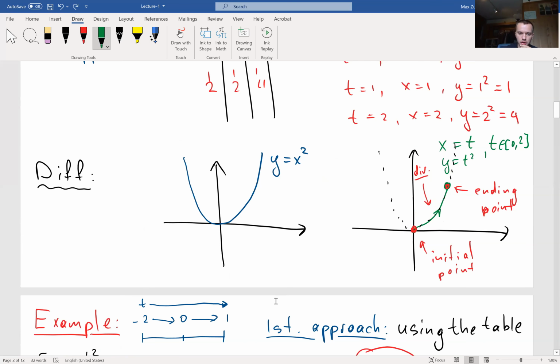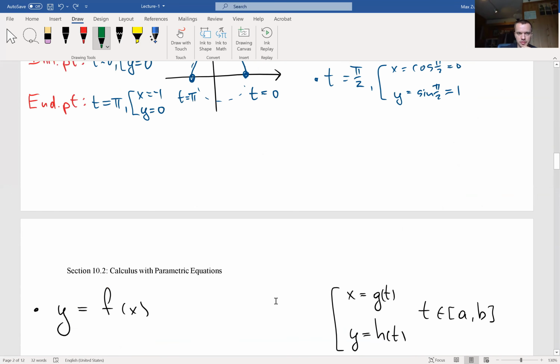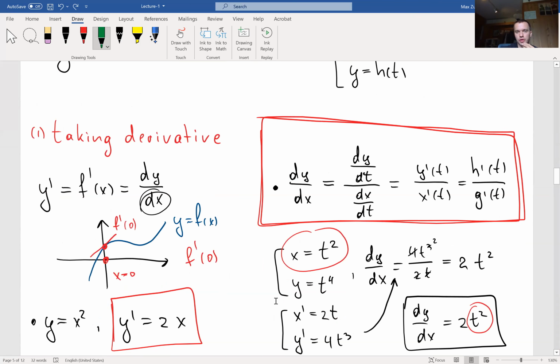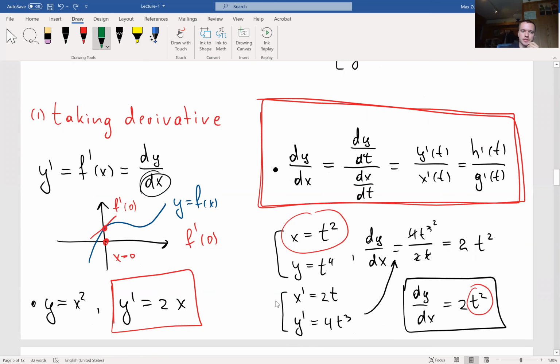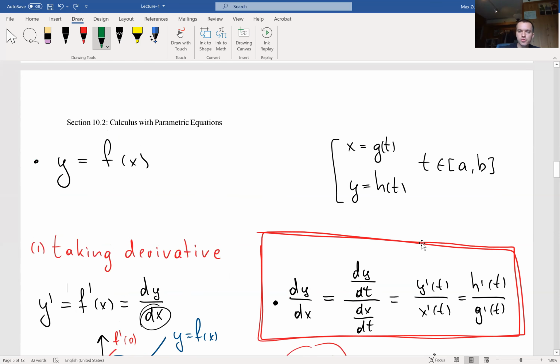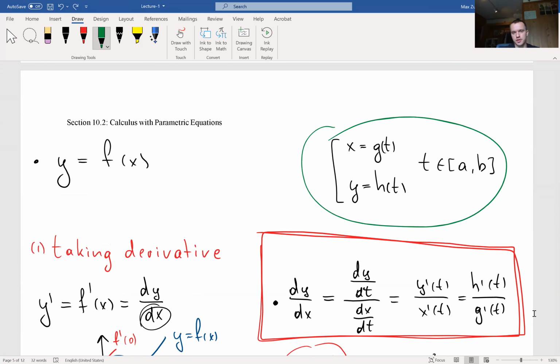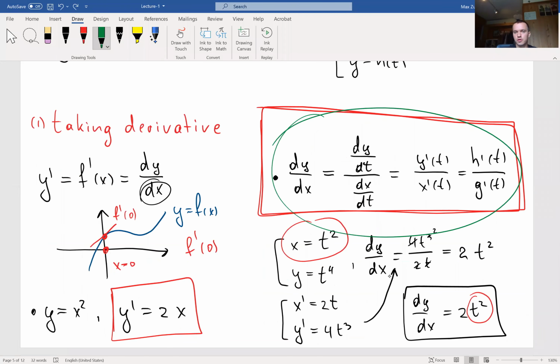Okay. And then we did some examples with different parametric equations. And after that, we started doing calculus. The idea of the calculus is that you literally just take the formulas that we know from calculus 1 and calculus 2. Then we use the expressions x is g of t and y is h of t, and we rewrite all our formulas using parametric equation notation.